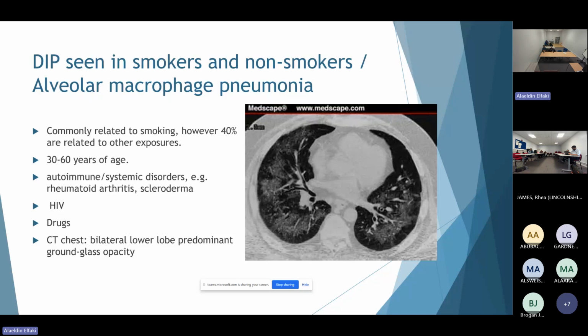DIP, which is desquamative interstitial pneumonia, also happens in the smoker, and in some people without smoking history it might exist as well.